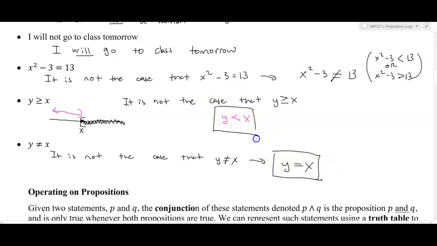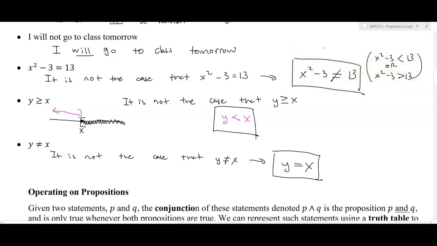Final statement here was this guy, and our final statement here was this guy. Or in the second bullet point, you could have said this in lieu of x squared minus 3 is not equal to 13, but this was just a little bit more compact.